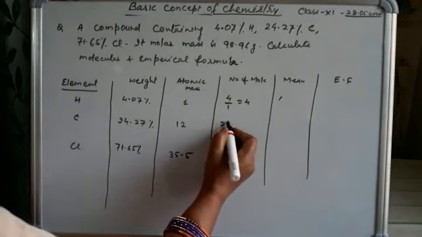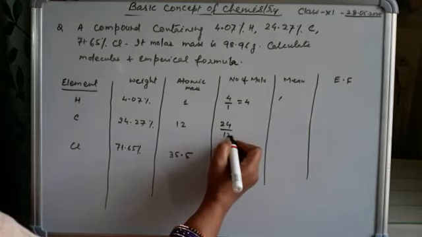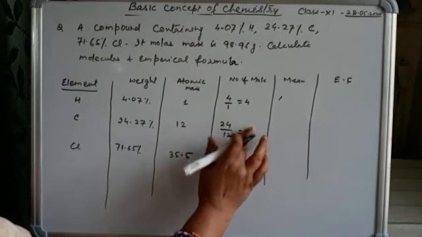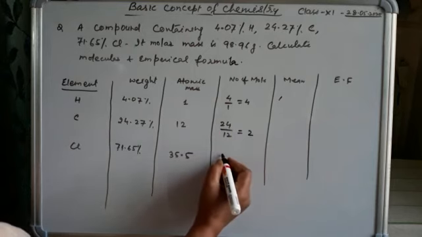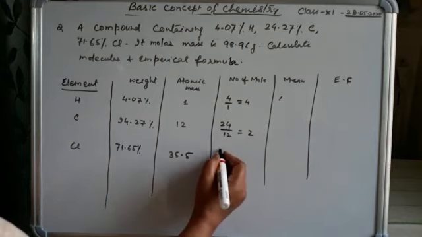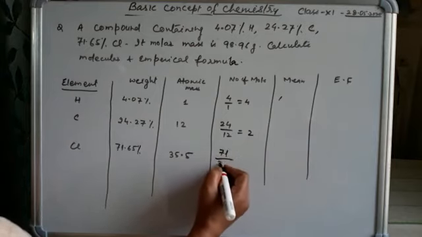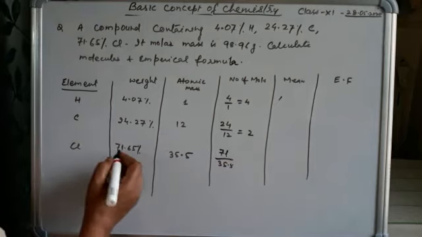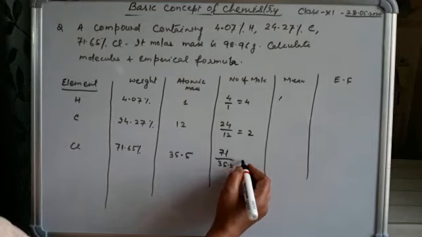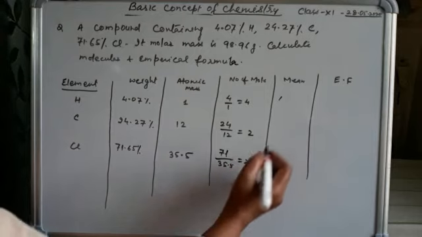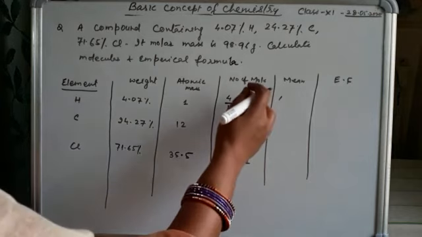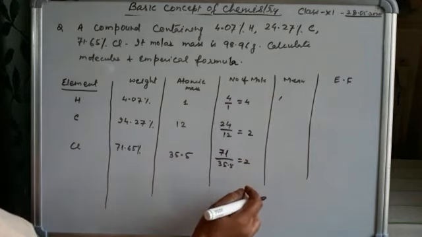So 24.27 by 12 equals 2, and 71 by 35.5 equals 2. You can take all the digits; I am taking only 2 digits for solving this calculation.